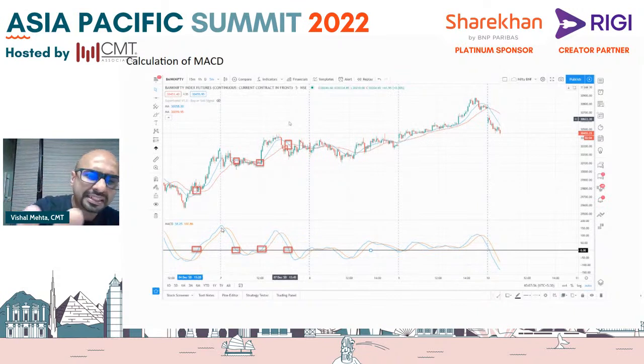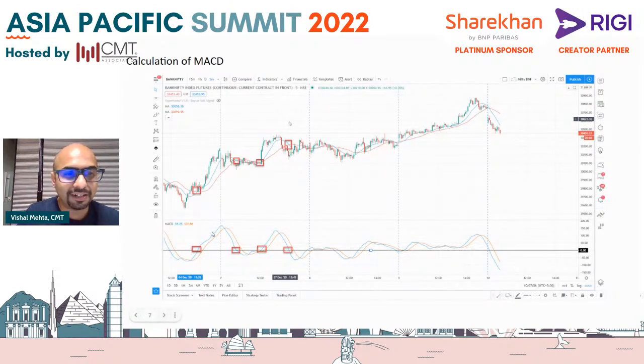I see this MACD chart plotted on their screen, and I ask a very genuine question to them: Sir, you are using this indicator, do you really know how it is getting calculated? I'm not asking for a formula, but the underlying principle. And to my surprise, about 98% of the time, they say no, we don't know.